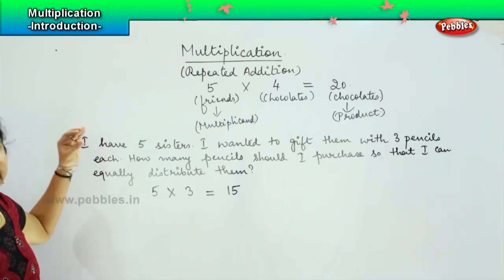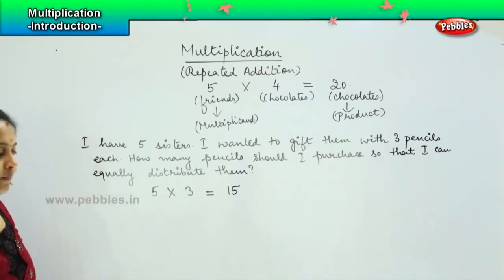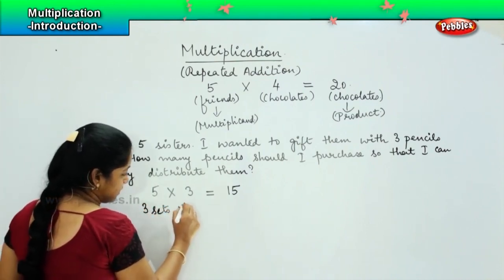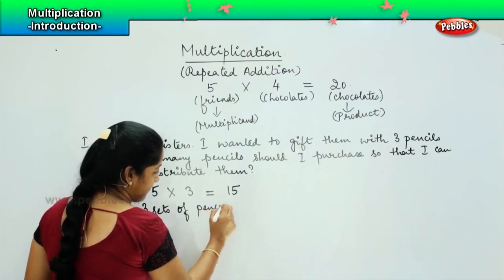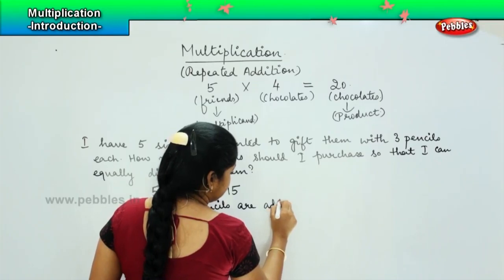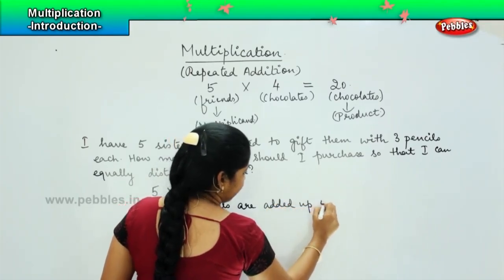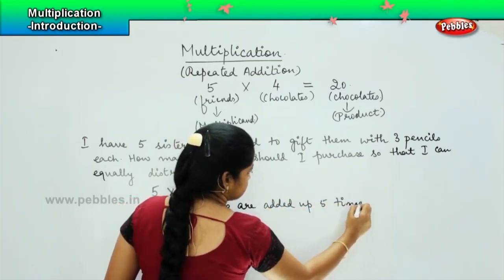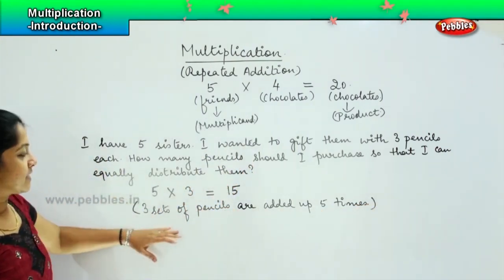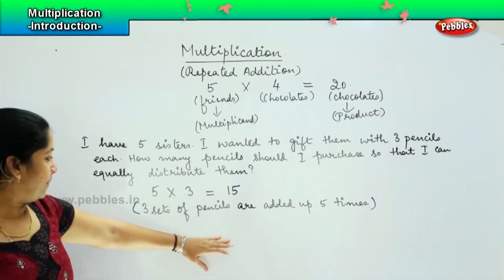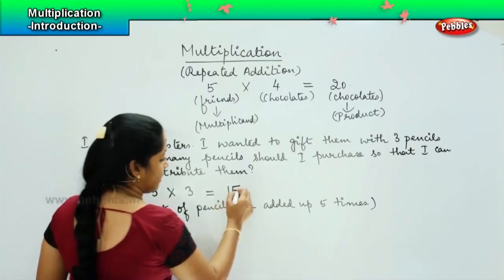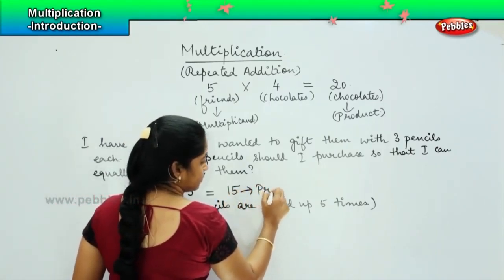So, the 3 sets is divided into 5 times, or I can also write as 3 sets of pencils are added up 5 times. Okay. So when 3 sets of pencils are added up 5 times, it gives me a product 15. So 15 is the product.